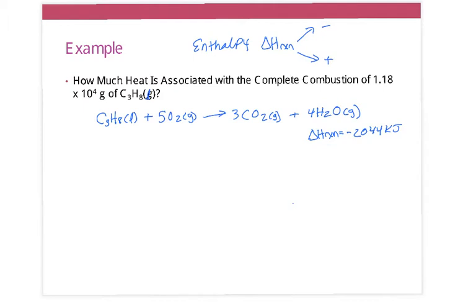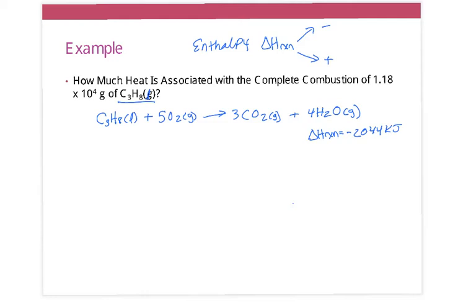So we can talk about how much heat is associated with the complete combustion of 1.18 times 10 to the 4th grams of propane in this case. Propane is found in the little tanks at your local gas station or your grocery store, and it's used to power our grill, right?